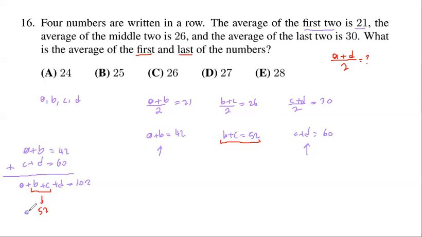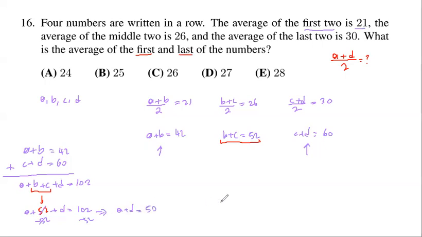Then I have A plus 52 plus D equals 102. Now subtract 52 from both sides, because I don't like this number with the unknown. These cancel, so you get A plus D on the left equal to just 50, right?